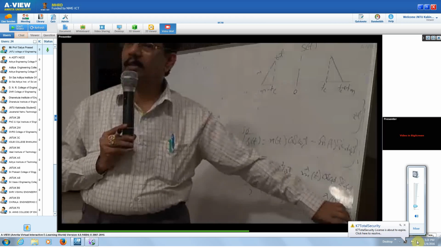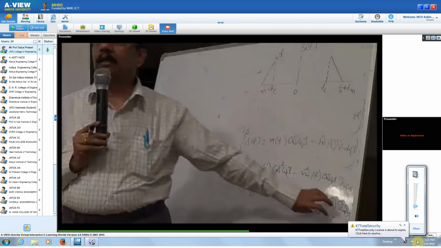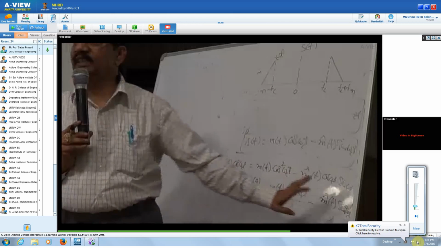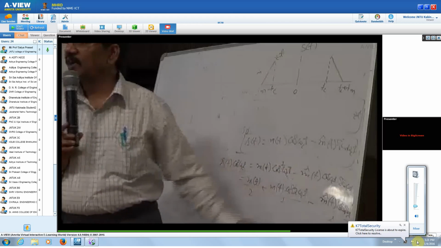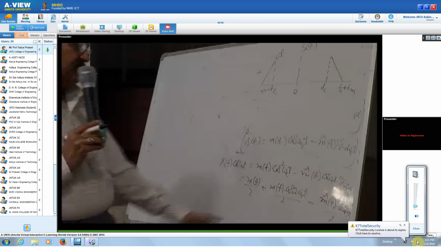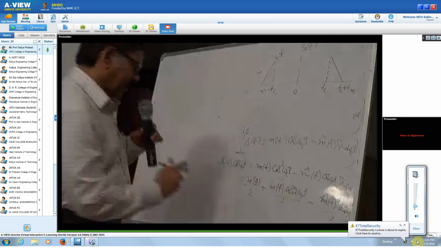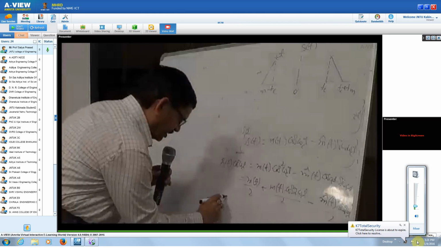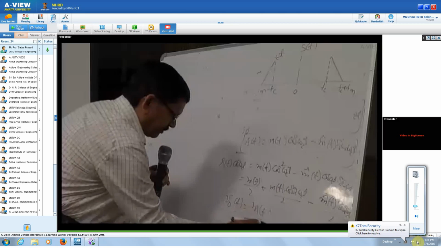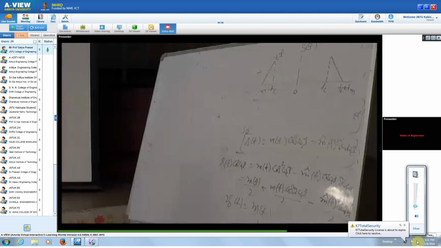And what is this? The SSB signal with 2fc as the carrier frequency. But because we are using a low pass filter, this will be eliminated, and your output V naught of t is your m of t by 2. That is your baseband signal that we are going to have.